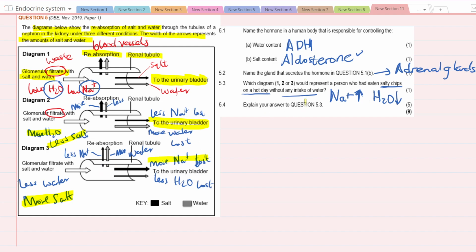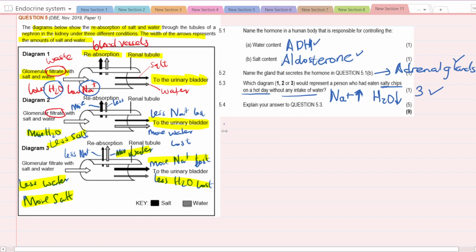And if you hadn't taken any water on a hot day, your body will have less water, therefore more water is reabsorbed in the blood vessels and less water is lost through the urethra. So I think the answer would be diagram 3. The answer is diagram 3.